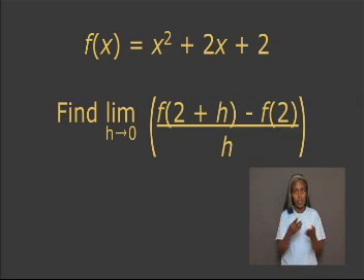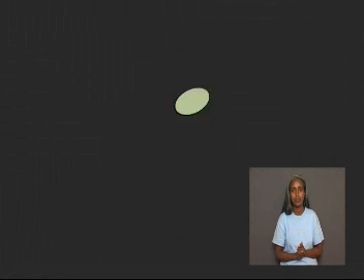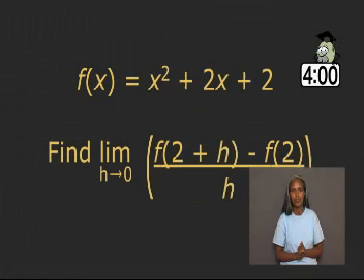Given this function, find the limit of (f of (2 plus h) minus f of 2) over h as h approaches 0. You may get started now. Students, let's get ready. Begin.